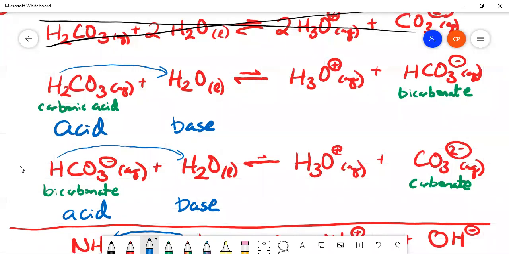It's drawn in a way that really favors the left-hand side. It's drawn in a way that favors reactants. So bicarbonate can just as readily react with hydronium ion that's present to generate carbonic acid and water.